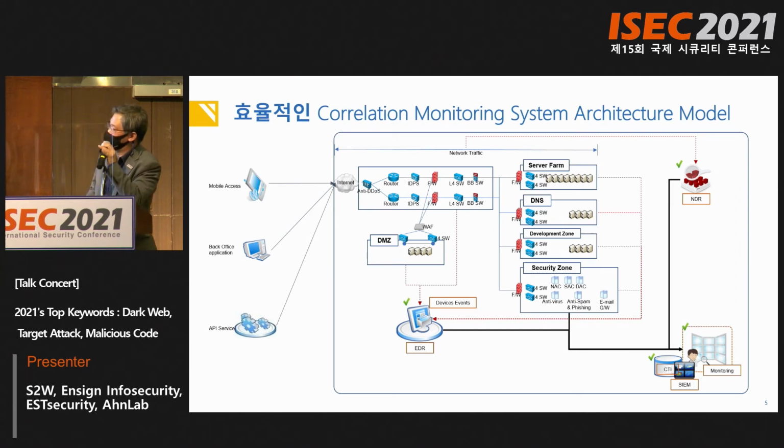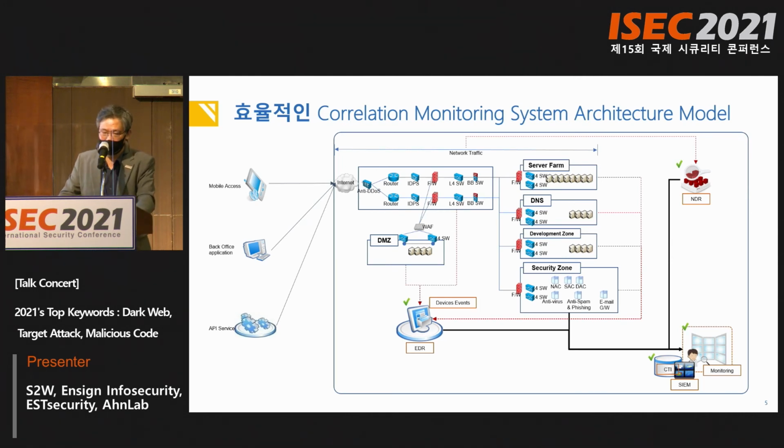This is an internal system structure and EDR. The device management level is laid down here, but it can be called MDR or XDR. So a detection solution or system is in place.